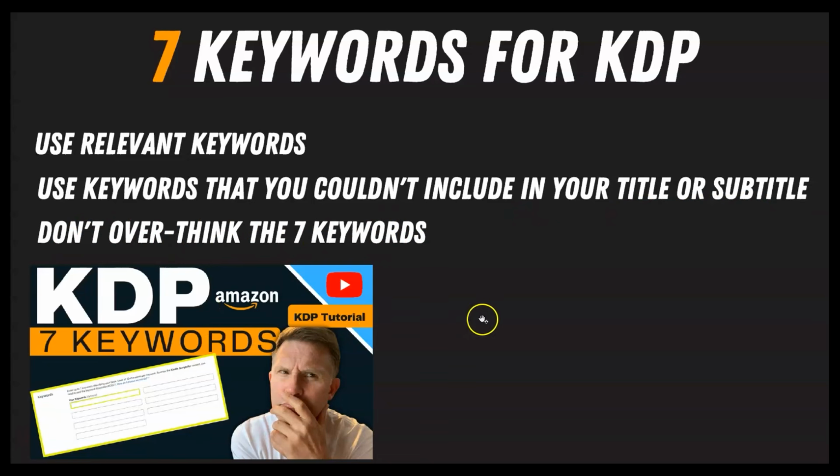This video is a great one which goes through all of that information for you and will highlight where to get the keywords, how to enter them in there, and has been really well received. So ensure you check that video out right there about the 7 keywords, but when we go through the process of uploading our book, I'll show you what that looks like.